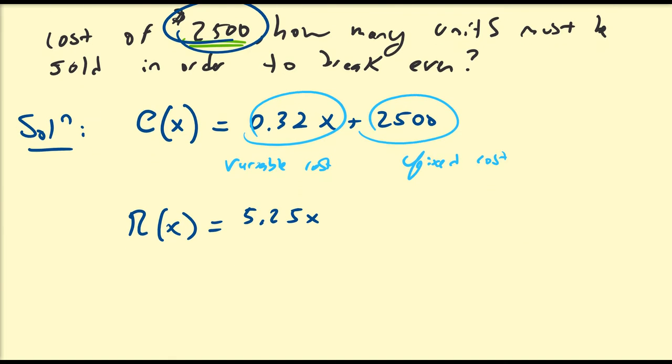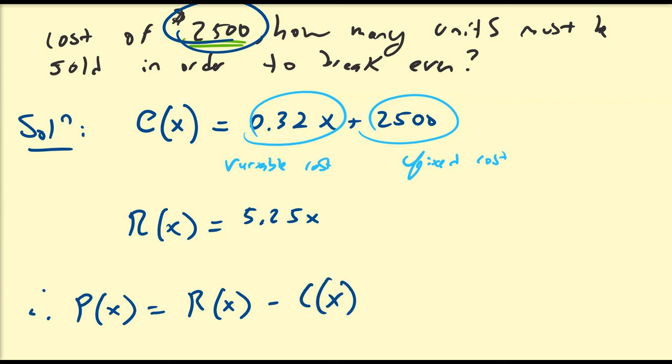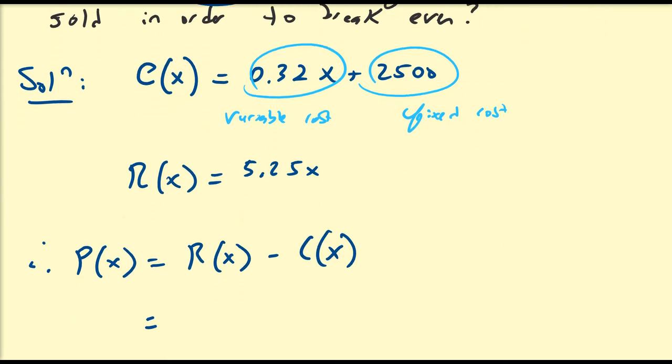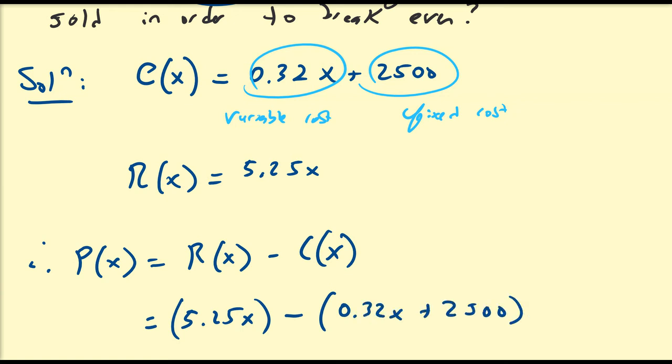So from here, what do we do? Our profit P is revenue minus cost. Therefore, profit is going to be 5.25x minus the quantity 0.32x plus 2,500.